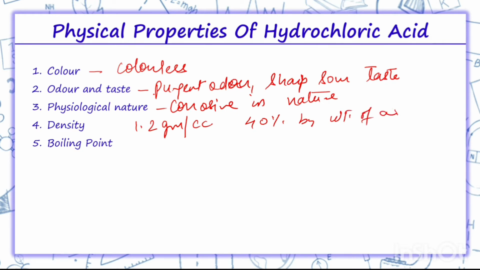If we talk about its boiling point, solution of HCl in water forms a constant boiling mixture with water. So its boiling point is 109.8 degrees Celsius. On boiling, this mixture evolves the vapors of both acid and water in the same proportion. Hence, dilute acid cannot be concentrated by distilling or boiling the dilute acid, because both are evaporated.